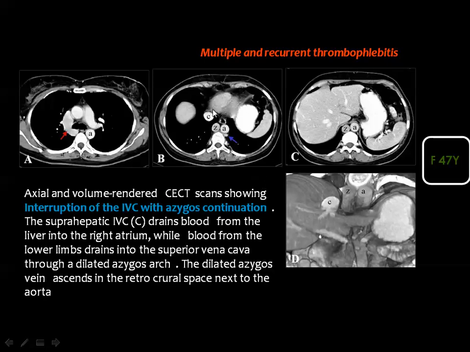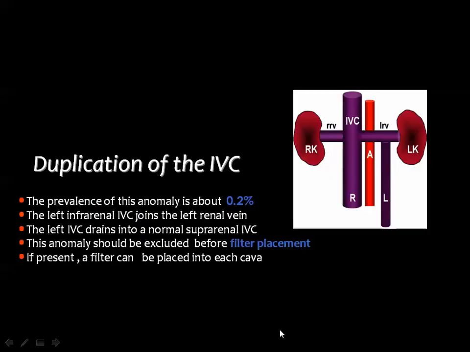And the upper part of the superior vena cava is present, and it drains the blood from the liver to the right atrium directly. And this azygous vein acts as a continuation of the IVC, and you can see the markedly dilated azygous vein going to the superior vena cava.